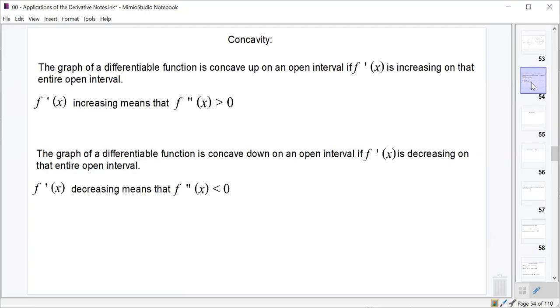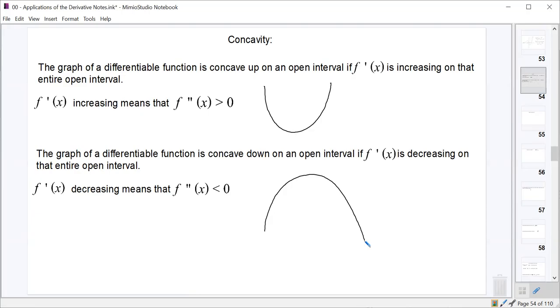The next quick thing that we're going to talk about here today is concavity. And we've talked quite a bit about what concavity is. So it's important for us to remember that a function that is concave up looks like this, and a function that is concave down looks like that.